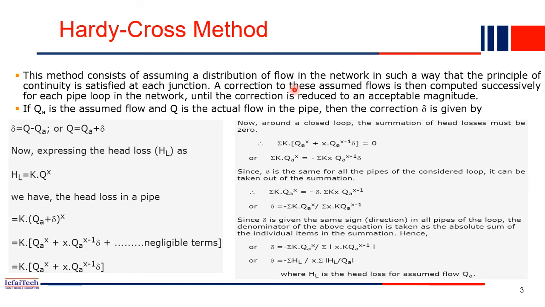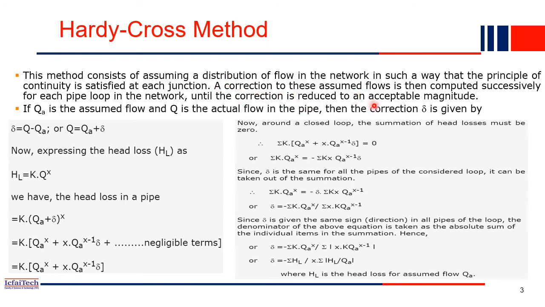So we put some random value, or based on past experience, we assume the distribution of flow in each pipe, such that the principle of continuity is satisfied at the junction. That we also have to take care of. And then we take the corrections, because the true case may be different from what we have assumed at the beginning. So we have to make the corrections also.